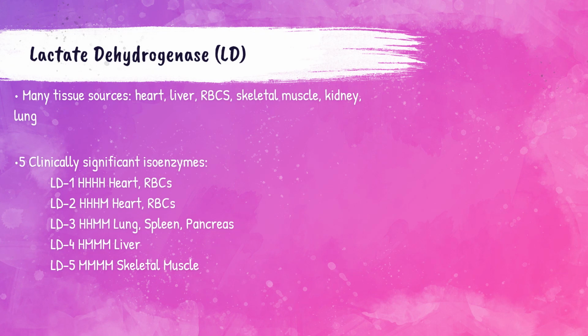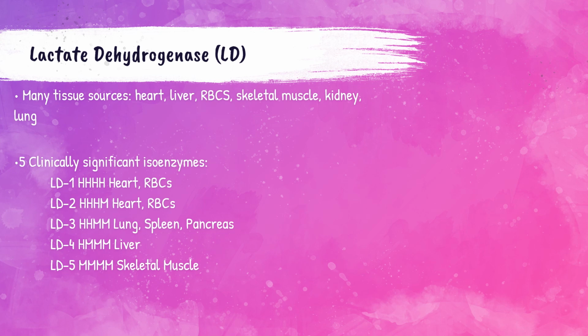So lactate dehydrogenase, or LD or LDH, is an enzyme with tissue sources in the heart, liver, pancreas, red blood cells, skeletal muscle, and the lung. There are 5 clinically significant isoenzymes of LD, and these are LD1, or HHHH, and LD2, which is also called HHHM, and these are located in the heart and the red blood cells.